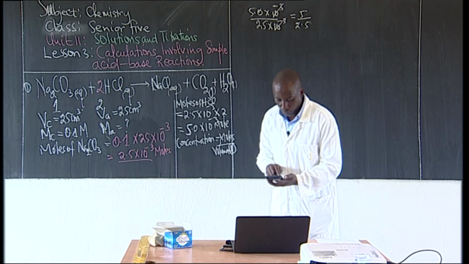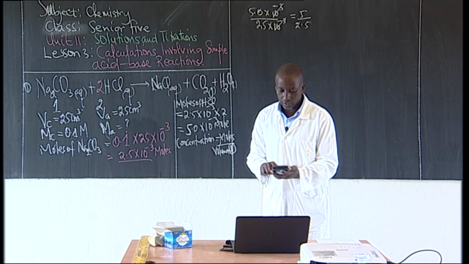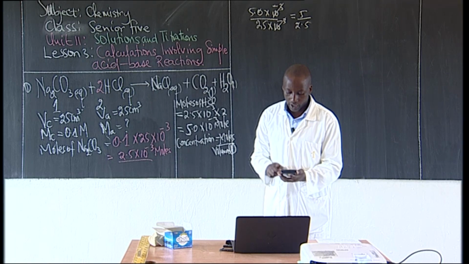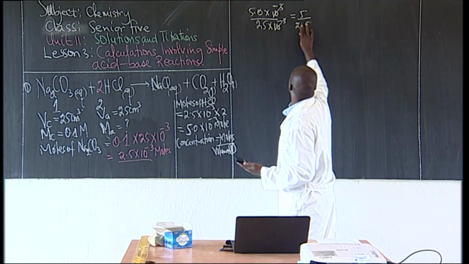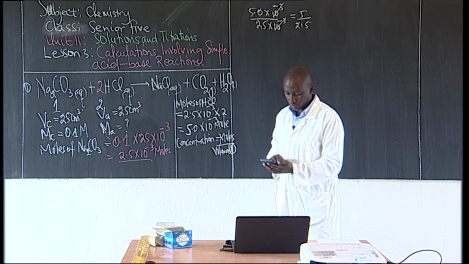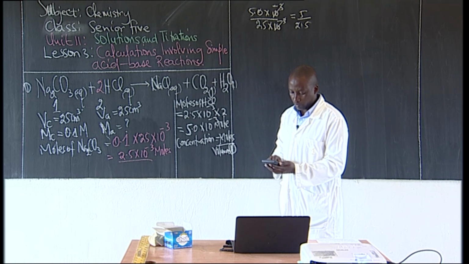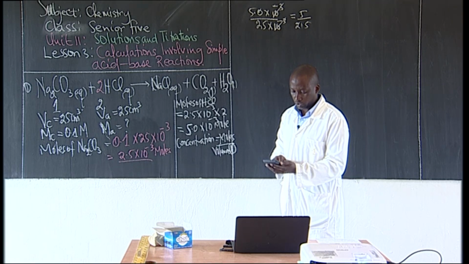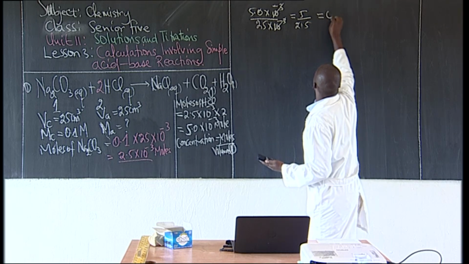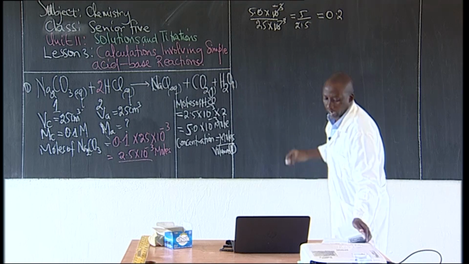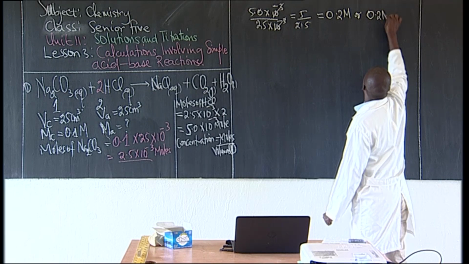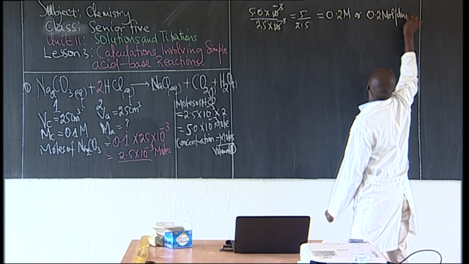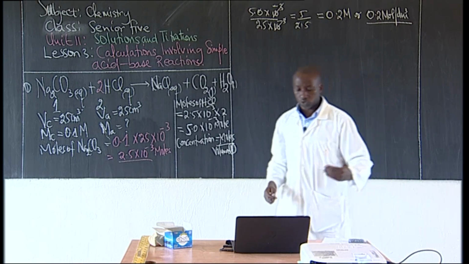No, it is 5 divided by 25, sorry, not 2.5. 5 divided by 25 is 0.2. So 0.2 molar, or you can say 0.2 moles per decimeter cubed. This is the molarity or the concentration.